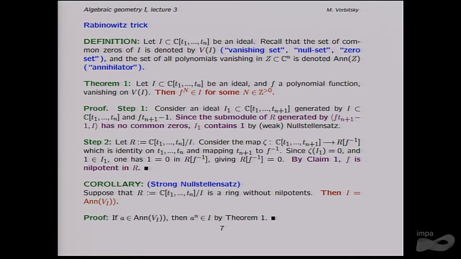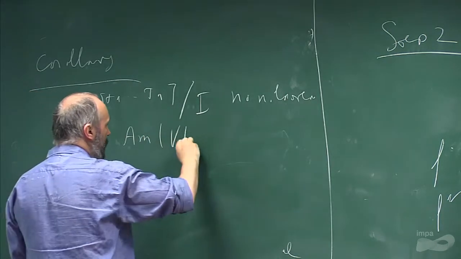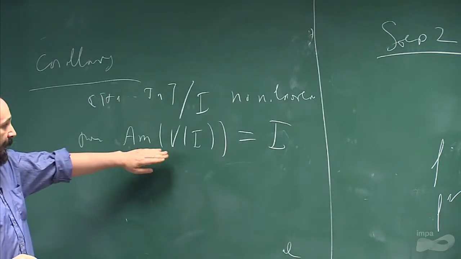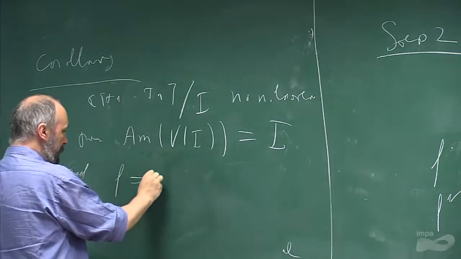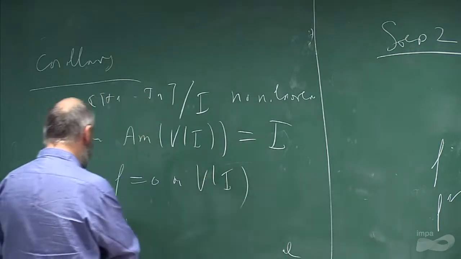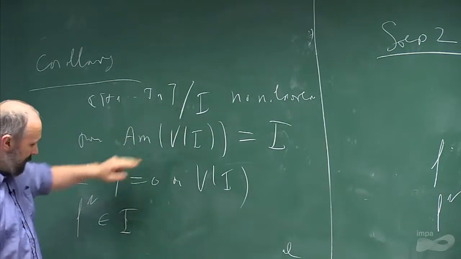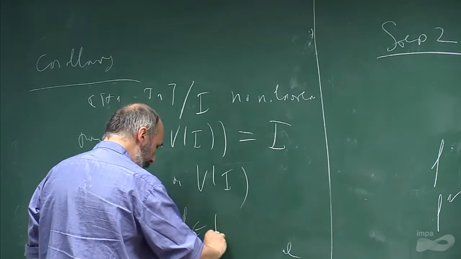Suppose that the quotient, polynomials t1 to t n over I, has no nilpotents. Then the annihilator of v of I is equal to I. This is because, proof, if f is 0 on v of I, this means that f power n belongs to I. But since the quotient has no nilpotents, and this would mean that f is nilpotent in the quotient, then f belongs to I.